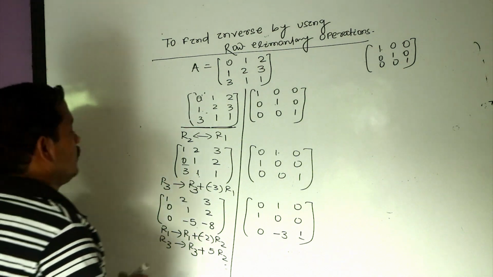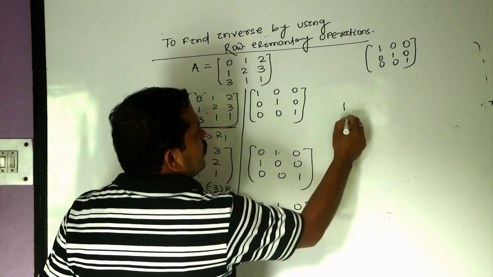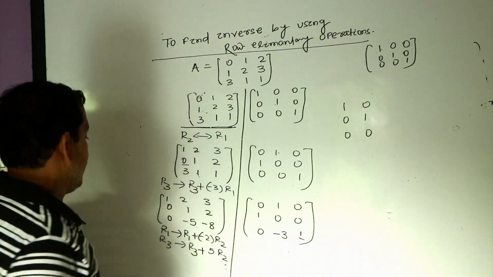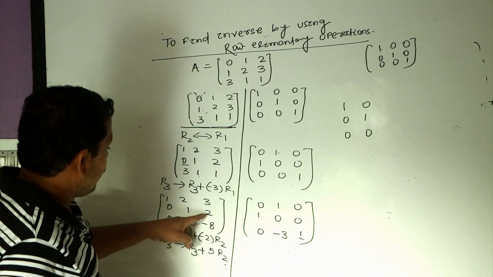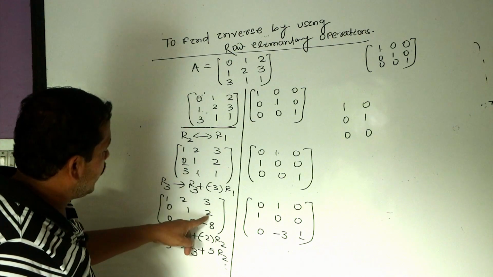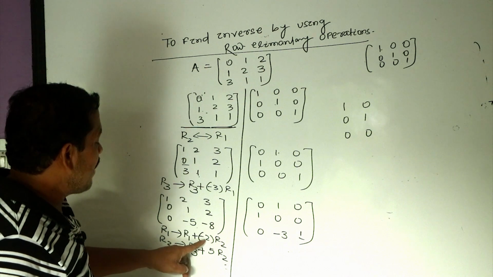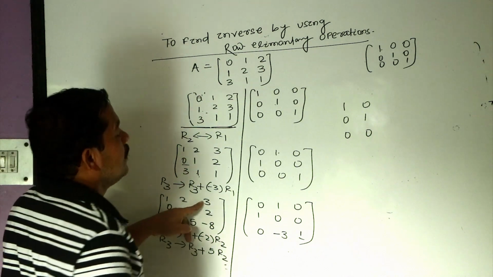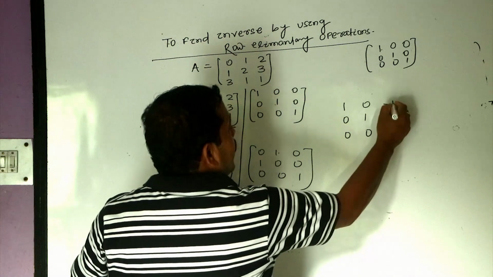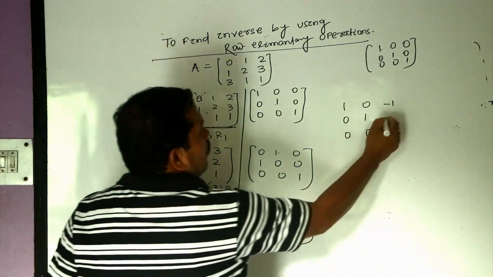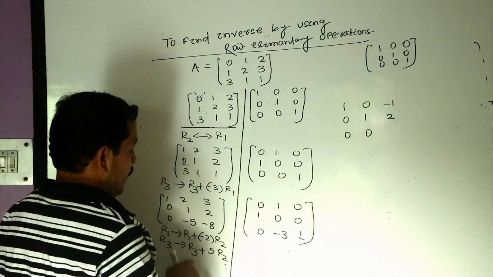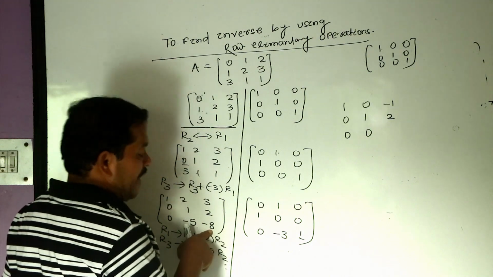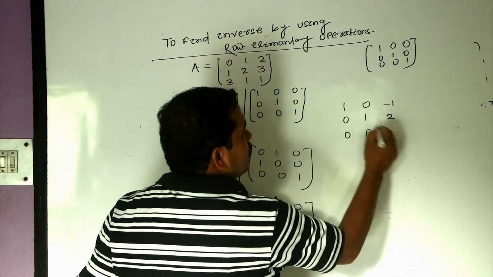Then it will be 1 0 0, 0 1 0, and in row 1, minus 4 plus 3, minus 4 plus 3 minus 1. We multiply minus 2 in row 2. For row 3, 5 times gives 10, and 10 plus minus 8 is 2.